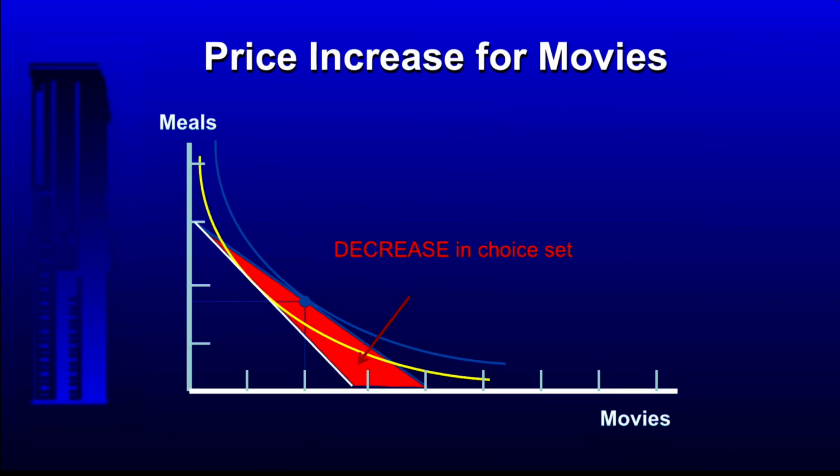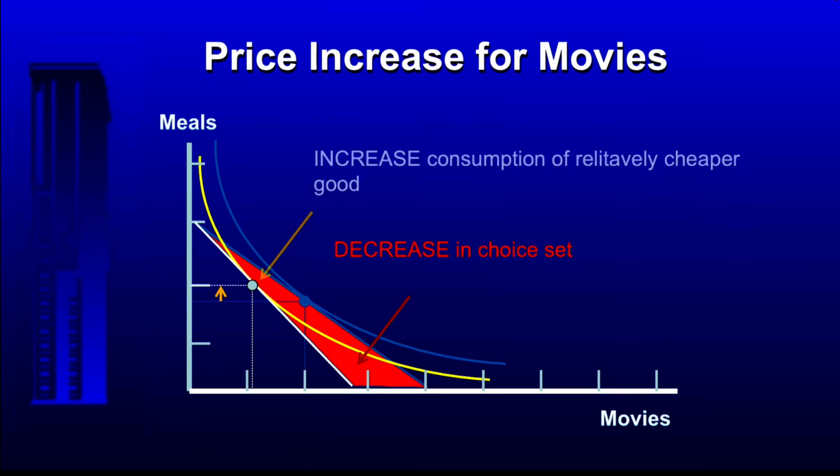Another effect that we're going to notice here is that the new point that he can buy is going to contain more of whichever good was relatively cheaper than it was before. Let's just do the opposite case.